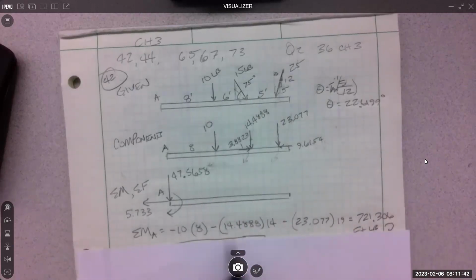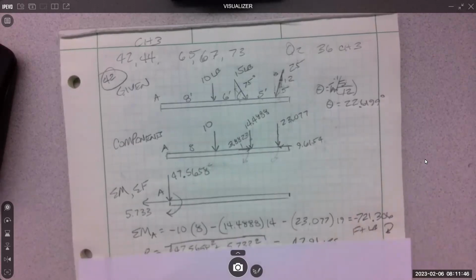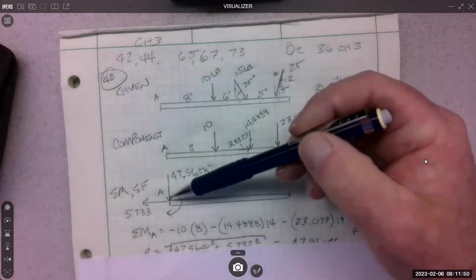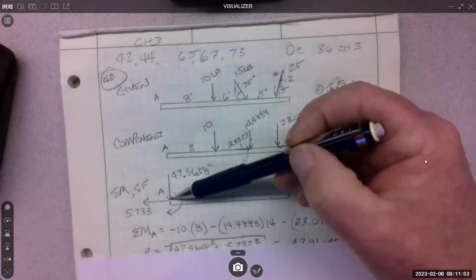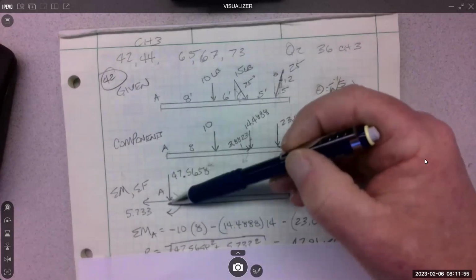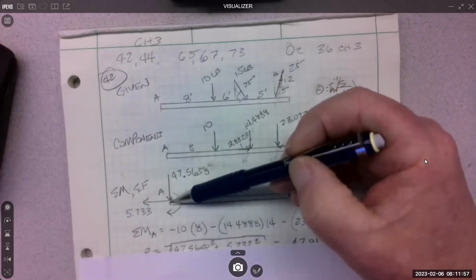They're all clockwise, negative moments, so they add up to a negative 721,306. So we've collected everything now: moment, down force, left or right force.